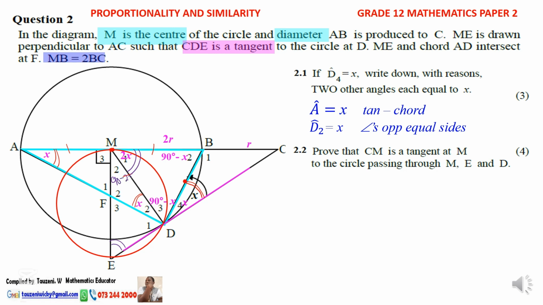This is the value of M2. And a reminder, the value of M1, which is equal to 2x, we got from the exterior angle. An exterior angle of a triangle is equal to the sum of opposite interior angles. So adding angle A and D2 gave us M1, which is equal to 2x.